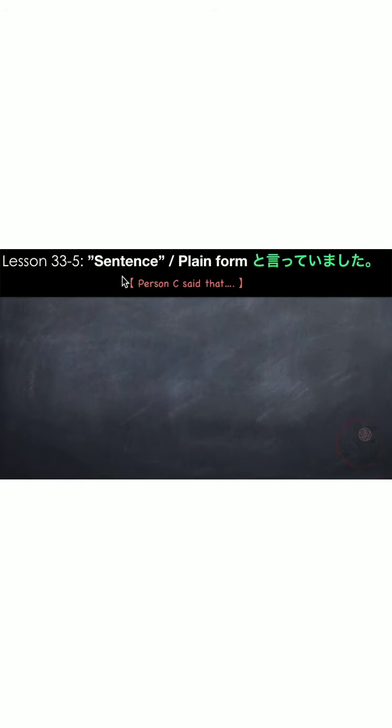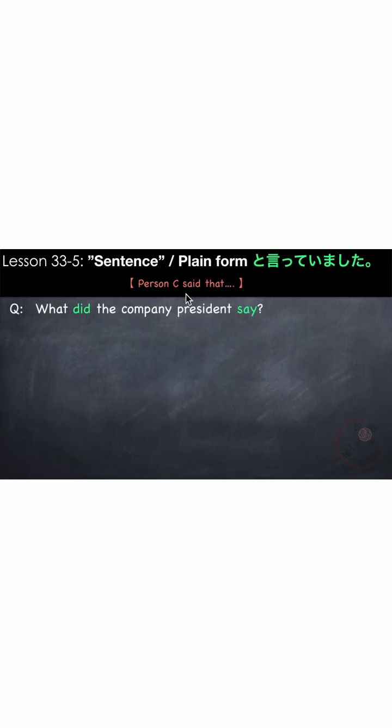Here we have the sentence as is, or you can change it to plain form, followed by と言っていました. Person C said that. So like I said, we have a scenario wherein person A and person B are talking, and maybe person A said what person C, who is not present in the room, said.